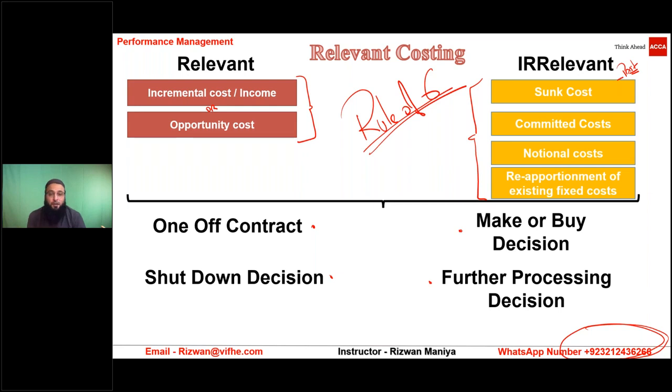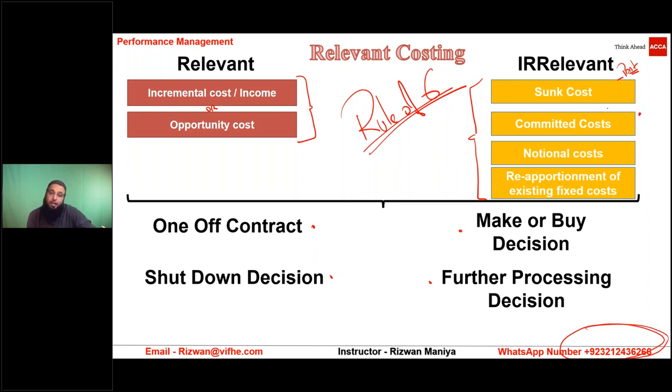Like the subscription fee that you have paid at the start of the year is not relevant. It's a past cost, and it's not relevant for the decision that you have to give exam in September or not. So that subscription is not a relevant cost because you have already paid for that, and that doesn't relate to the decision. So it's a past cost, not relevant.